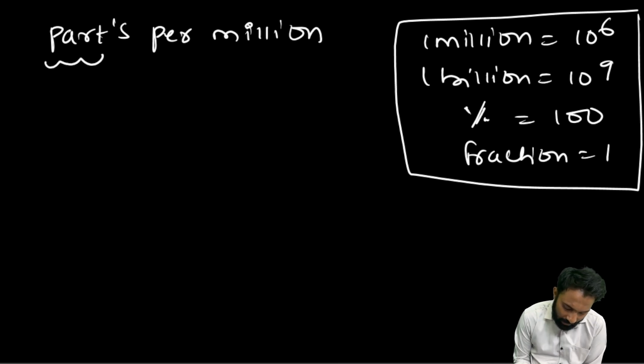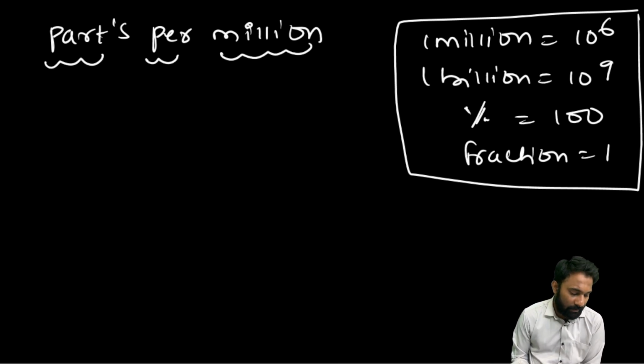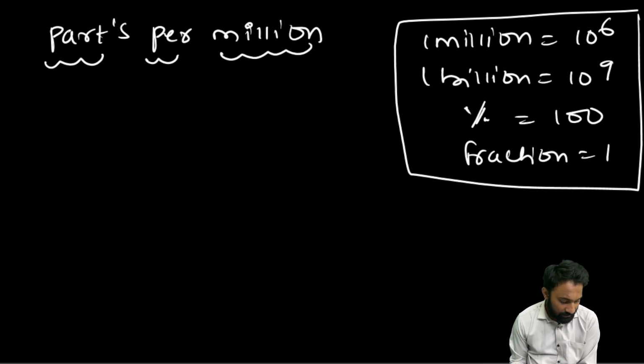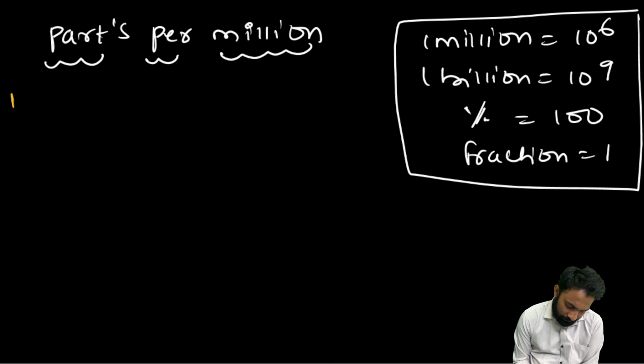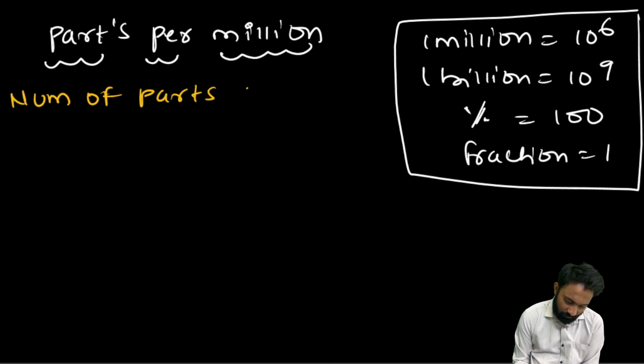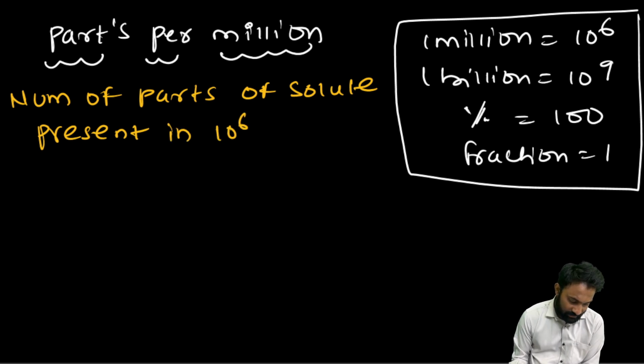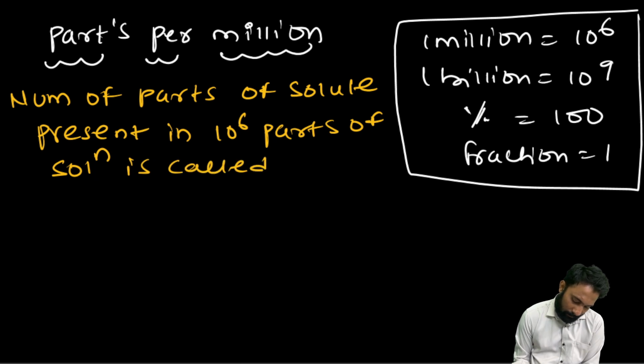So what is parts per million? What is the meaning of parts per million? The number of parts of solute present in 10 to the power 6 parts of solution is called ppm.